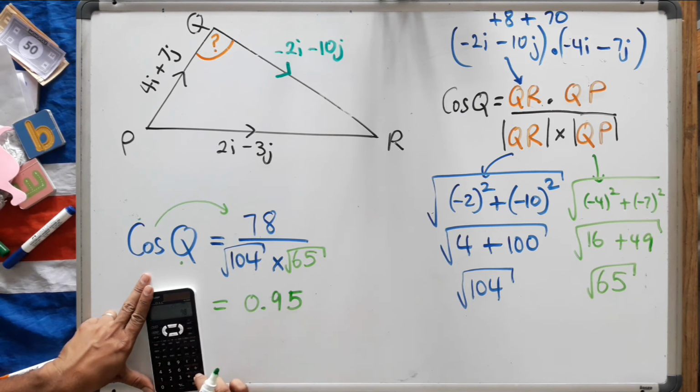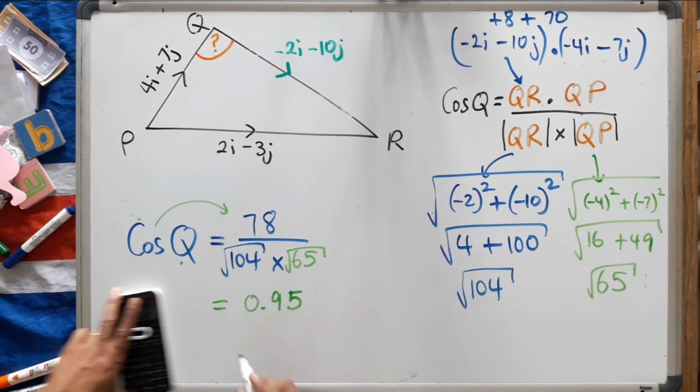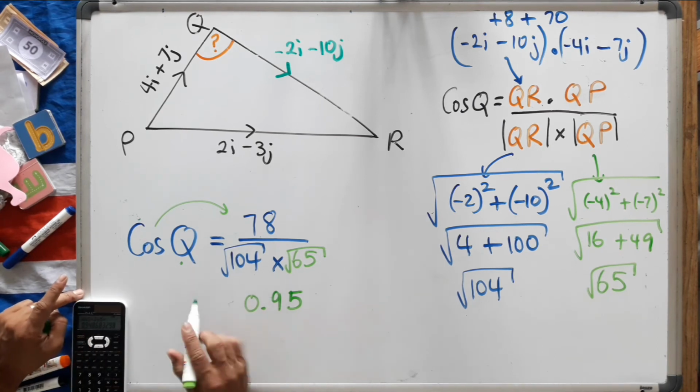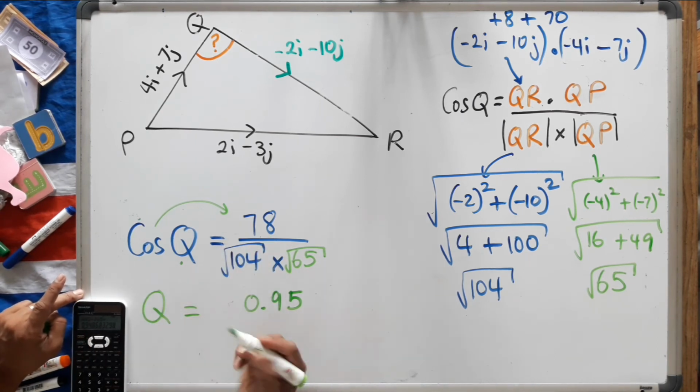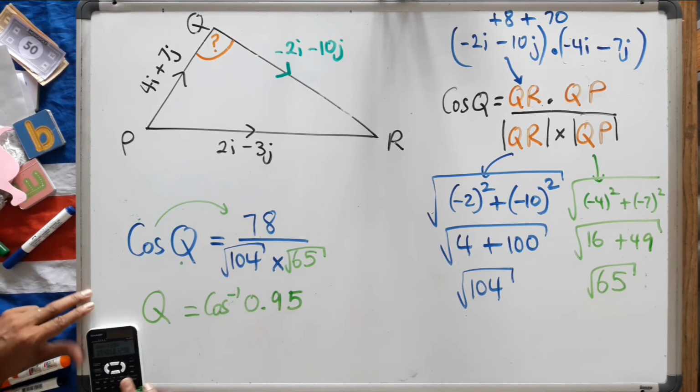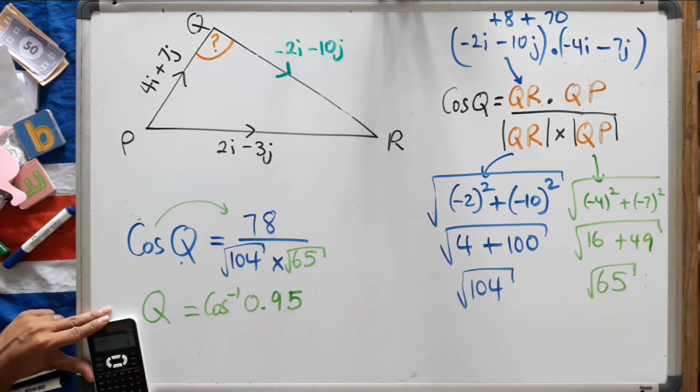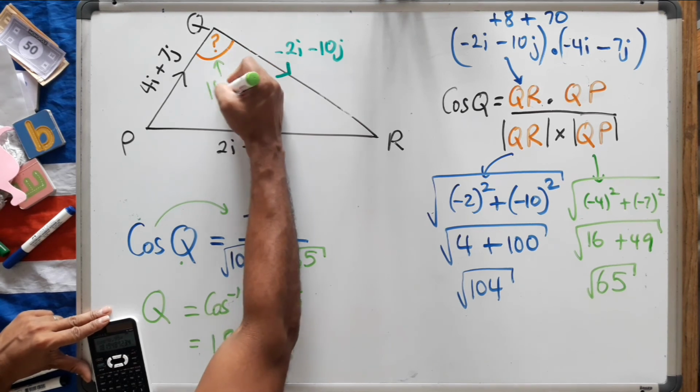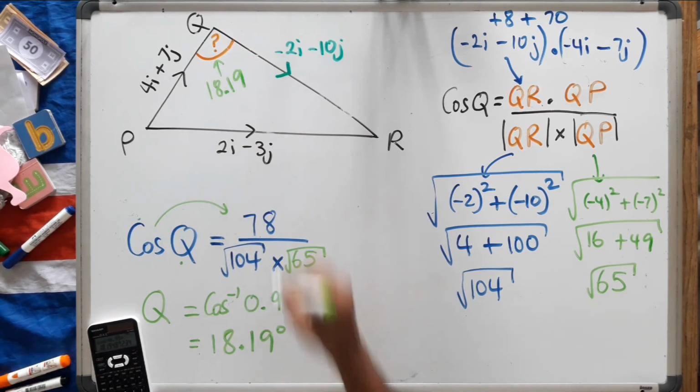I'm just going to double check that. Yep, it's correct. So now we cos inverse: second function, cosine of 0.95. And I got 18.19 degrees. That's the size of this angle, 18.19 degrees.